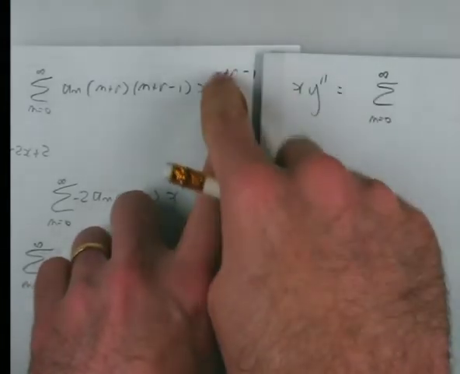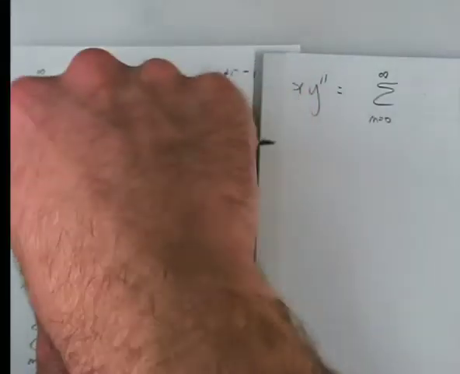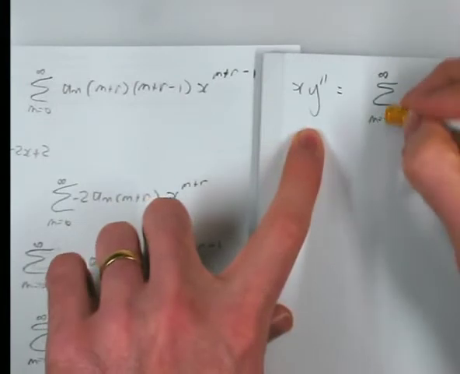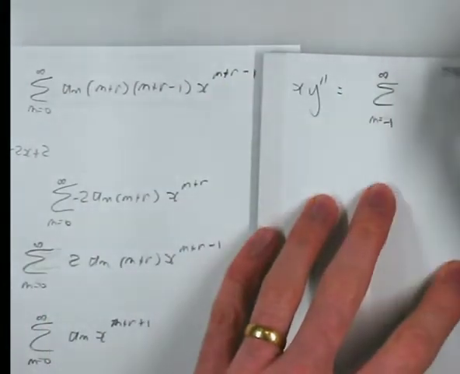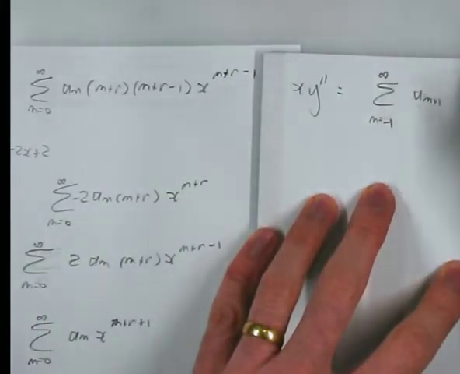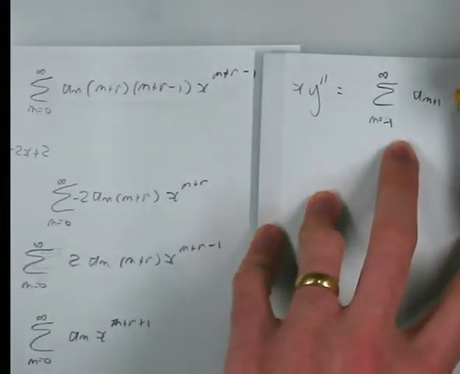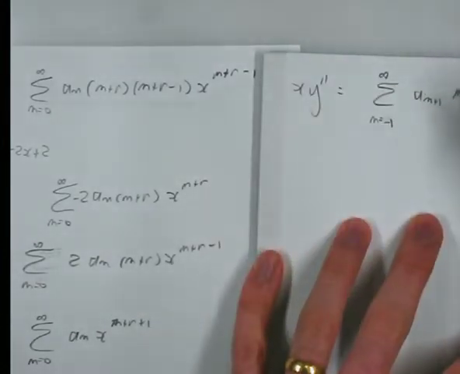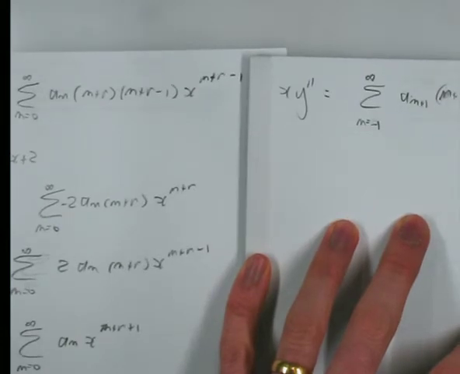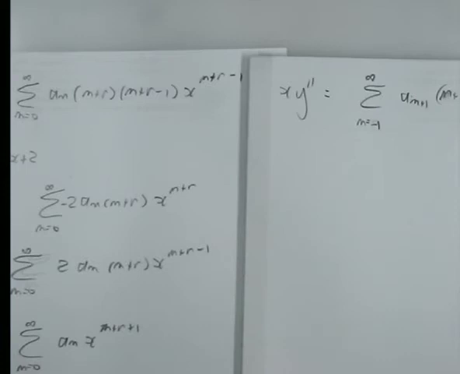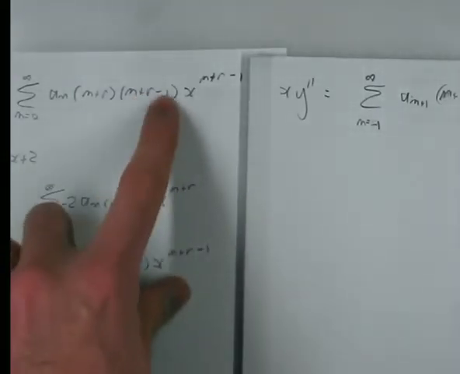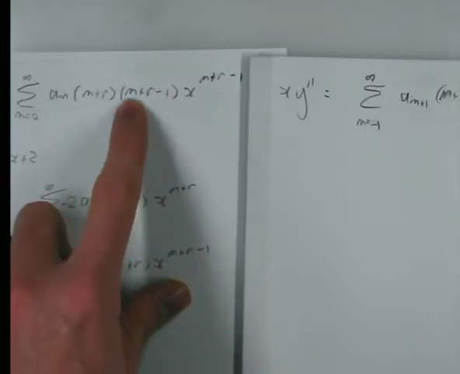So I need to add 1 to all the m's and subtract 1 from that one, so this will actually start at minus 1. Okay, so everything's gone up by 1. So this m plus r minus 1 has gone up by 1 because the m has gone up by 1.